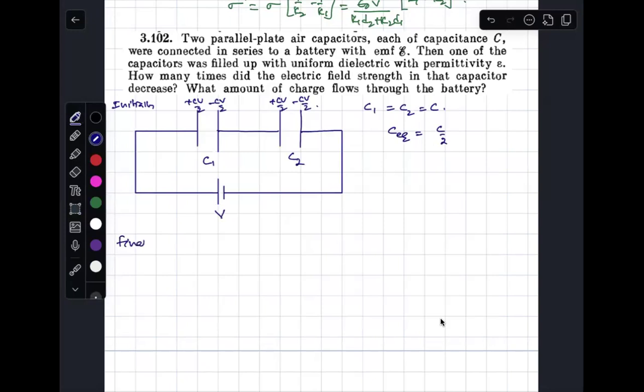Finally, what is the picture? Finally, again, you have the same plates.